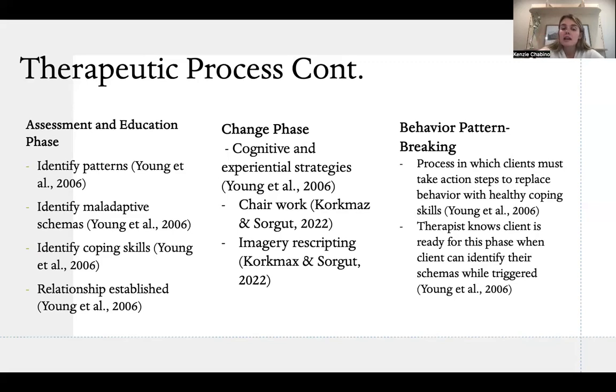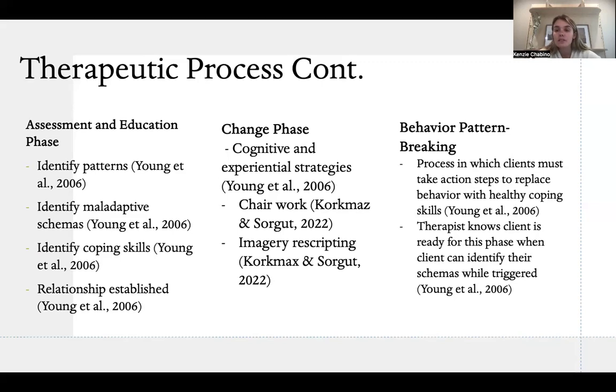So once schemas have been well identified and a client can identify their schema when they're triggered specifically, that's when the behavior pattern breaking really comes in, which is the most important part of treatment.